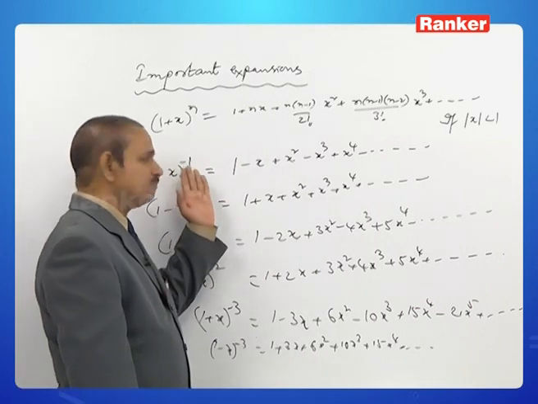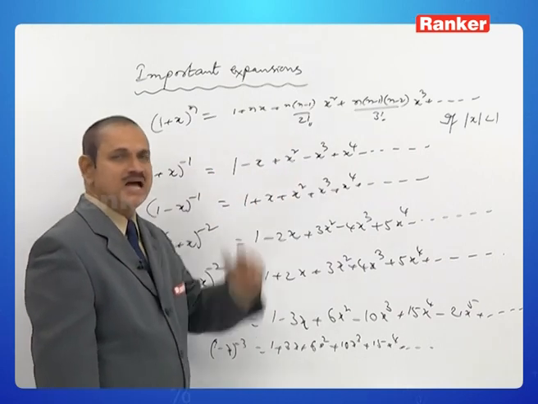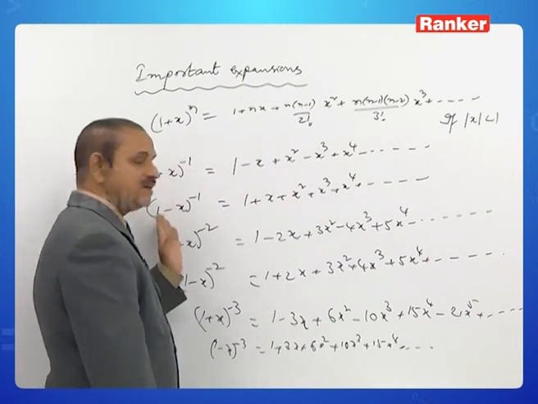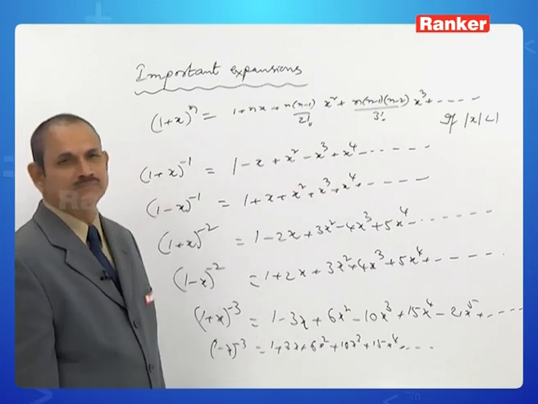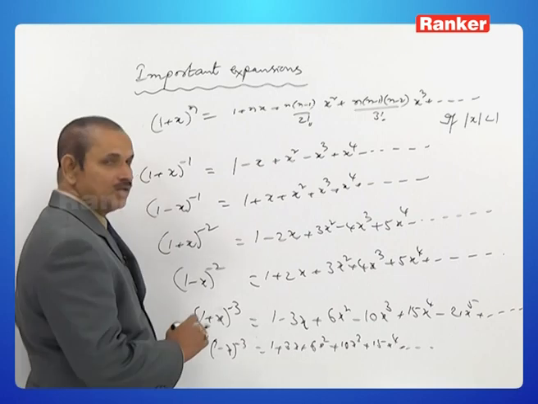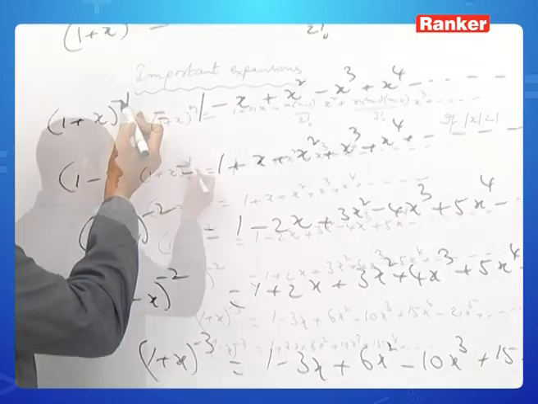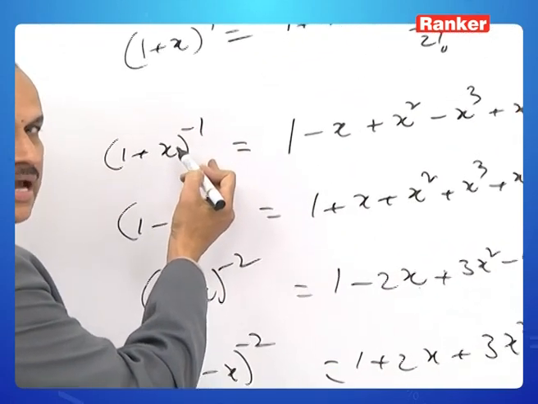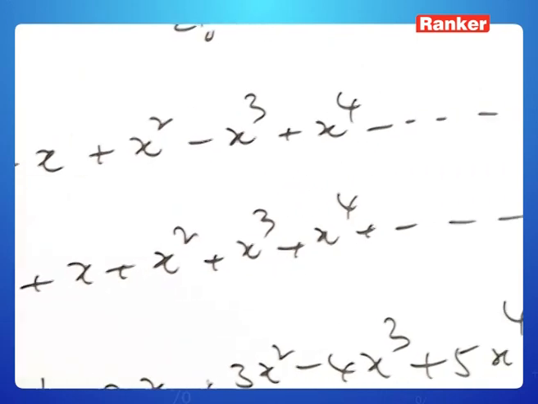In 1 plus x whole power minus 1, the coefficients will be alternately plus and minus, whereas in the case of 1 minus x whole power minus 1, all the coefficients are equal to plus 1. Good. You can have a general understanding like this: plus, minus, opposite sign, then the terms will be alternately plus and minus.